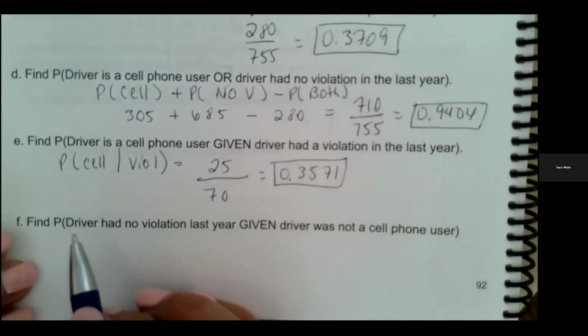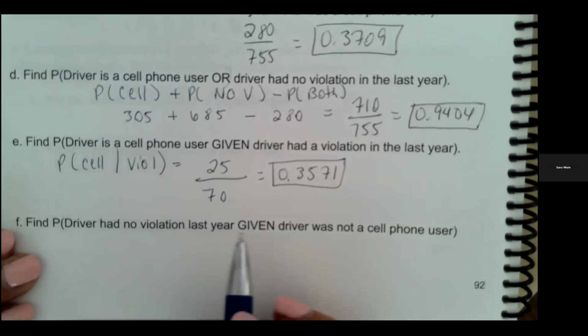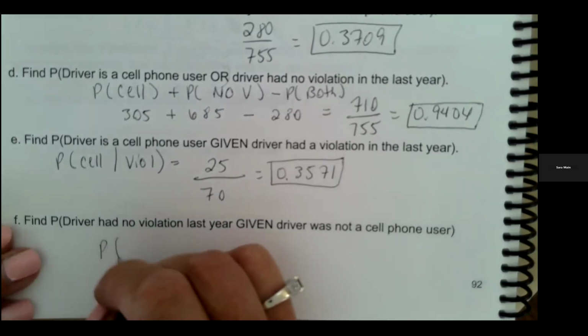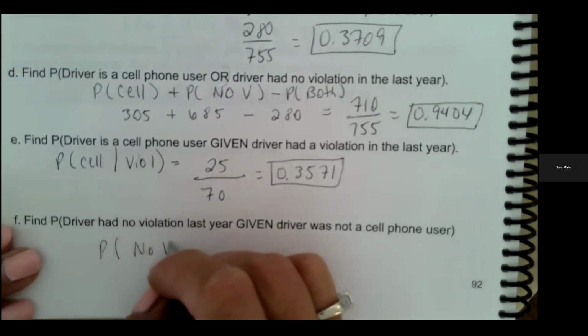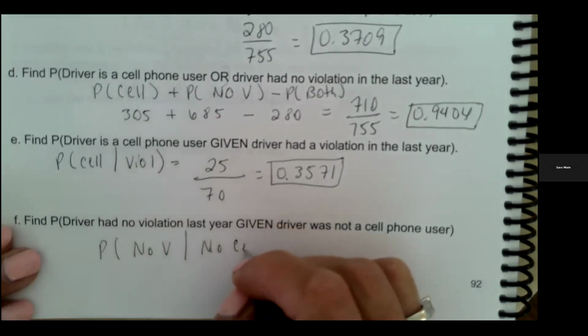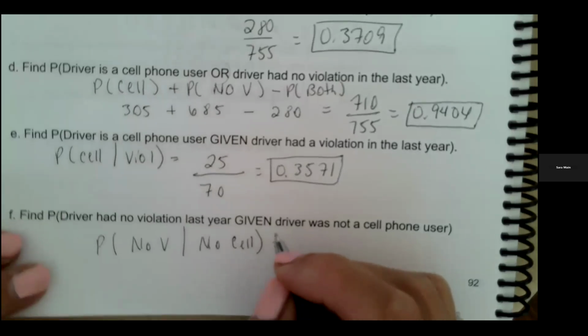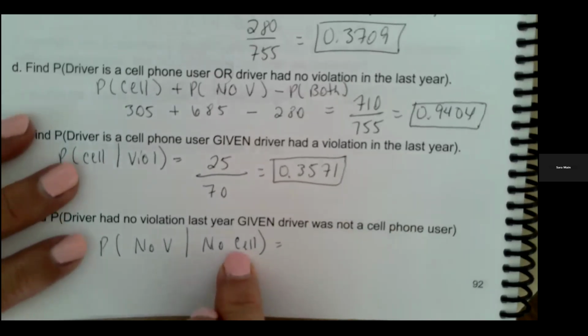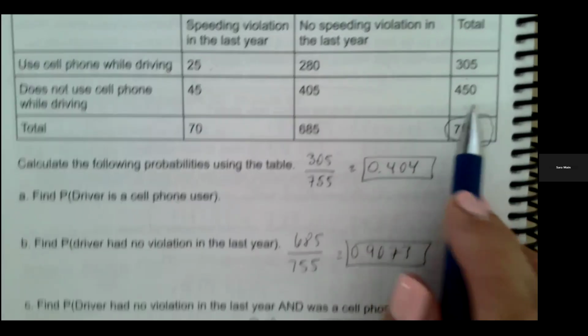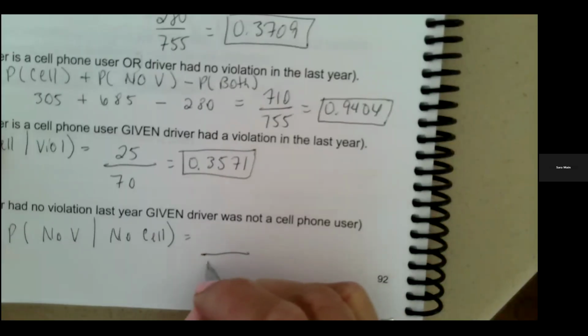F says, find the probability a driver had no violation last year given the driver was not a cell phone user. So this is the probability of no violation given no cell. So this time, given no cell phone would be the 450 people that do not use a cell phone out of that group.